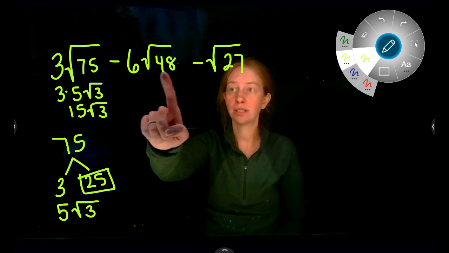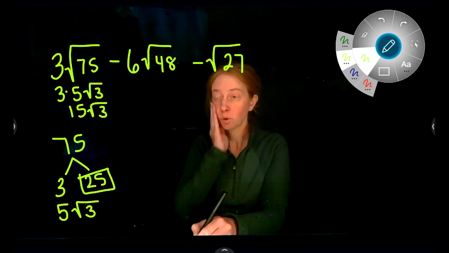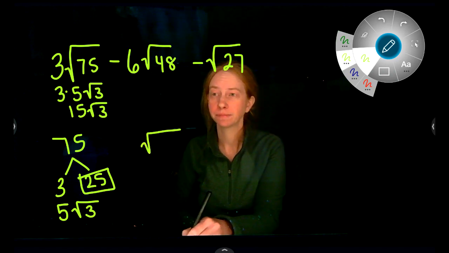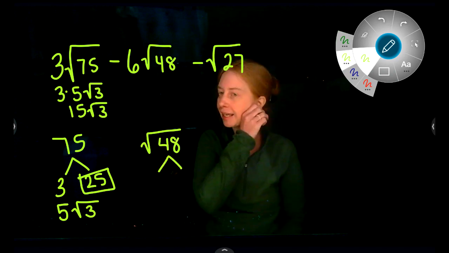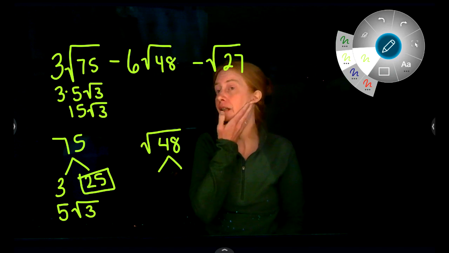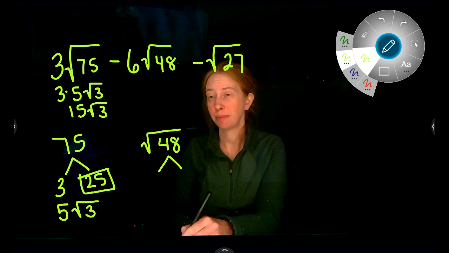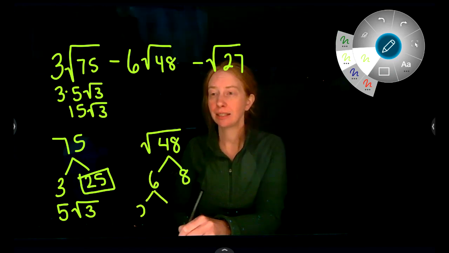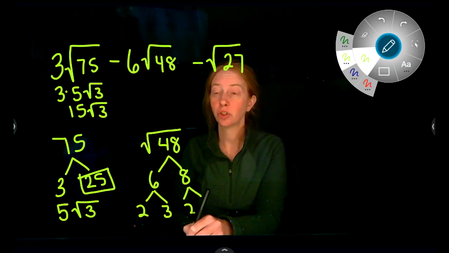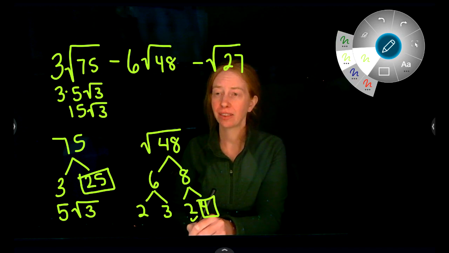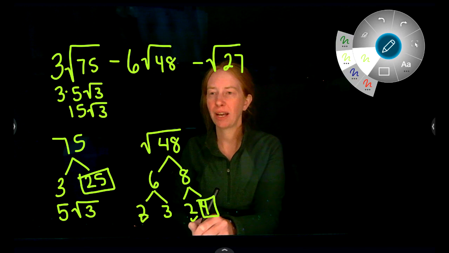Let's do this next one, the square root of 48. 48 is 6 times 8. 6 is 2 times 3, and 8 is 2 times 4. 4 is a perfect square, and I've got these little 2's. So let's think about that for a minute.